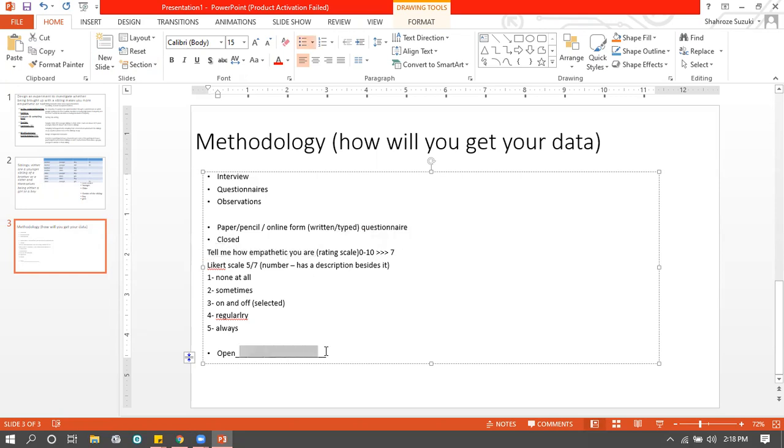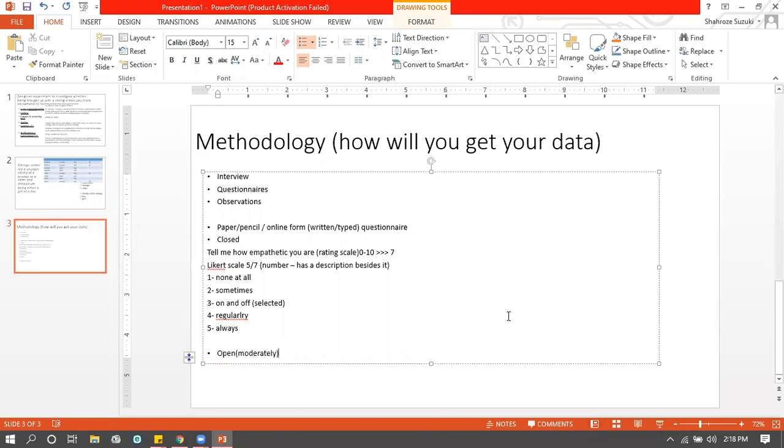If you could write anything, what would you have written? Moderately, right? So you wrote moderately. That is your descriptive answer.